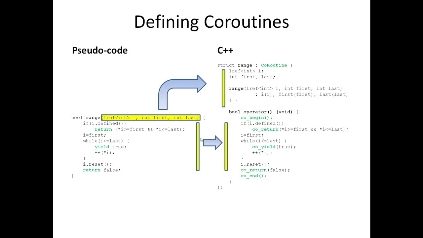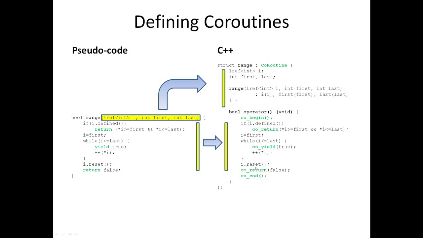Notice here there are two parts to this coroutine. First is if the value of I is originally defined, and the second part over here is when it's not the case. If I is already defined, then we do not modify the value of I, whereas if I is not initialized, then we generate values for I. So in that sense, we are modifying I from its originally undefined state to some defined state.